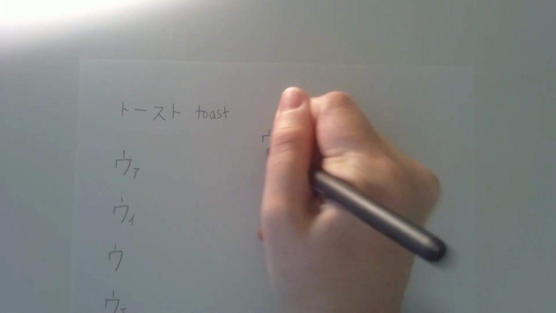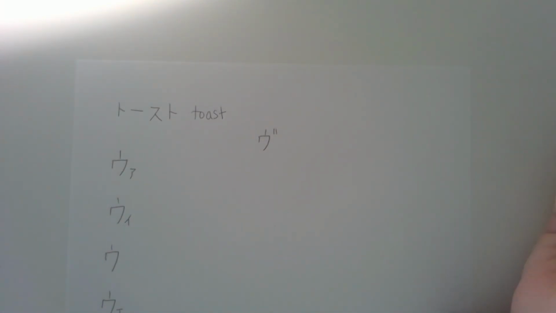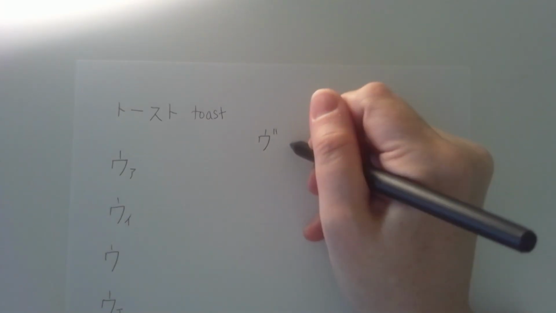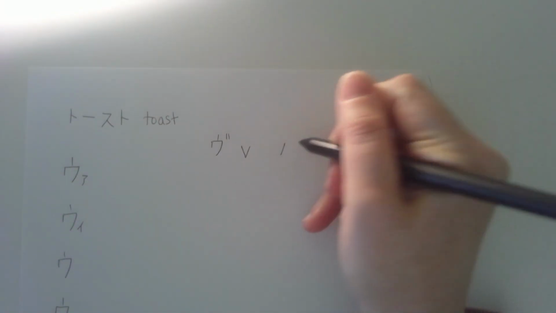This is where it gets tricky. Some Japanese people will put the tenten symbol here, and this is a v sound. But some will simply use the actual b characters, like ba, bi, bu, be, bo, which I haven't shown you yet, so I'm not going to write it.